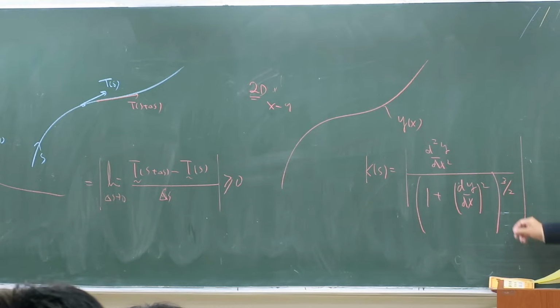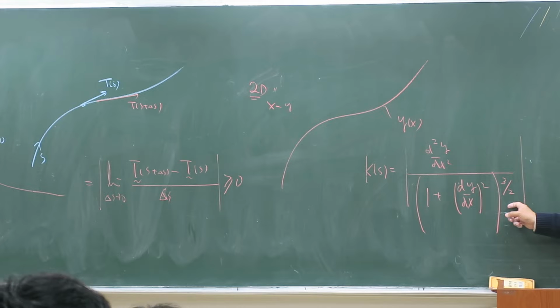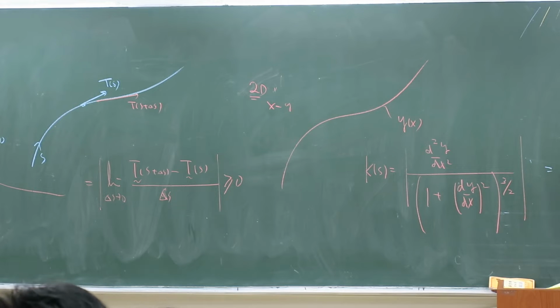This is the original theory. Or we can write it as y double prime over (1 plus y prime squared) to the 3/2.